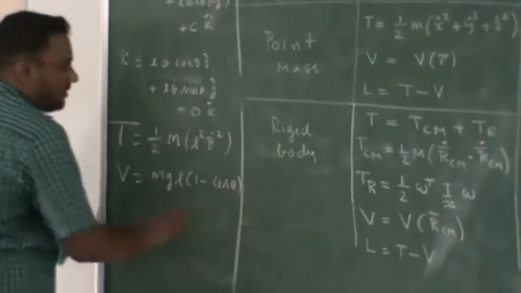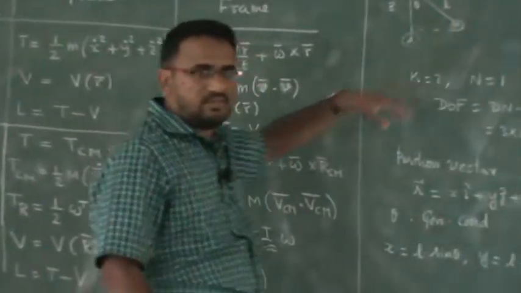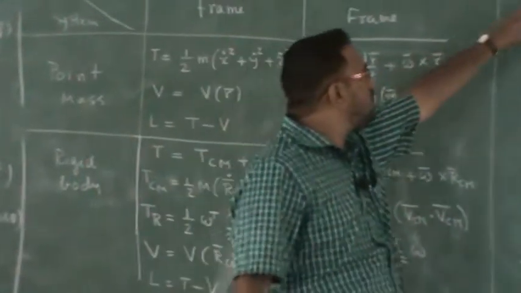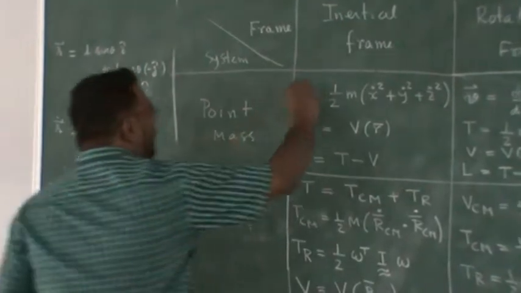When I put theta equal to 0, the potential energy is 0. Otherwise, if I choose the zero of the potential at the other point, I should write minus mgL cos theta. This is for this case.